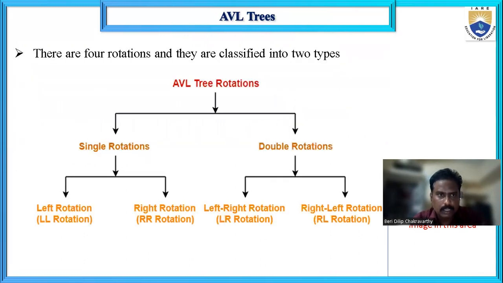There are four rotations, classified into two types: single rotations and double rotations. In single rotations, we have LL rotation and RR rotation: left to the left subtree, right to the right subtree. In double rotations, we have LR rotation and RL rotation: left to the right subtree and right to the left subtree. These are the different rotations we have.